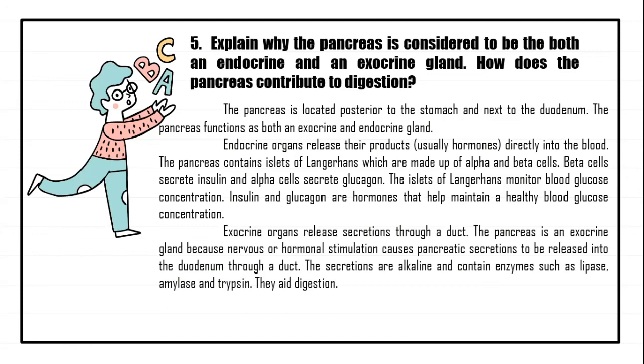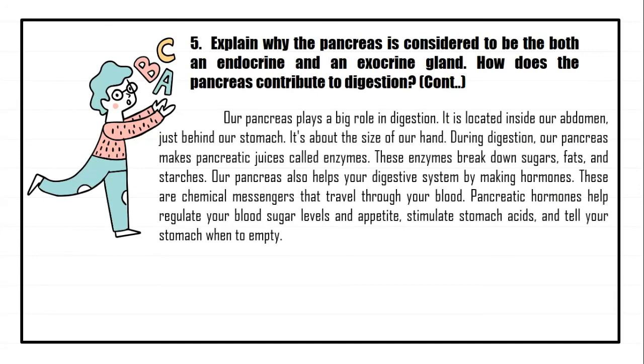Our pancreas is an exocrine gland because nervous or hormonal stimulation causes pancreatic secretion to be released into the duodenum through a duct. The secretions are alkaline and contain enzymes such as lipase, amylase, and trypsins, and they aid digestion.